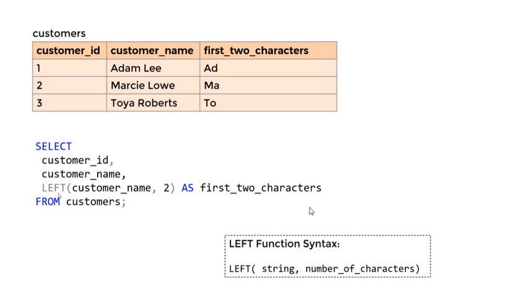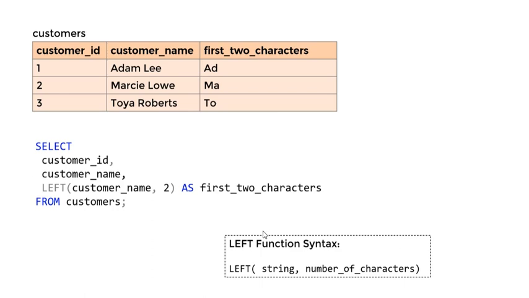The first argument is the string that we wish to extract the characters from. In this case, the customer name column, and we are going to extract the two leftmost characters.